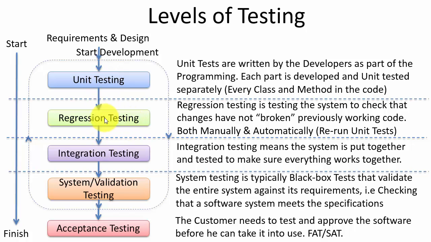If you are changing the code, you need to do regression testing. Then, of course, integration testing and system testing. And if you find bugs in these, you need to go back, fix it, and do these tests all over again.